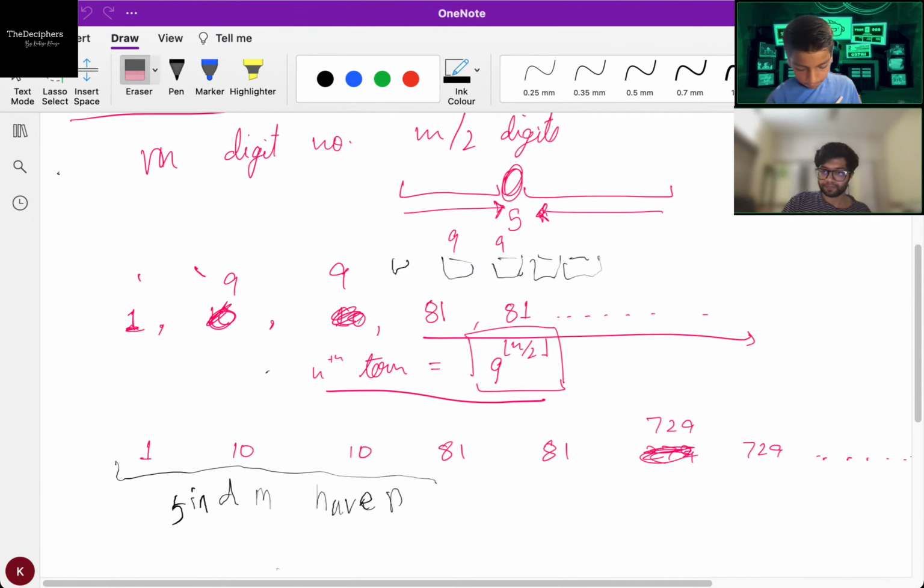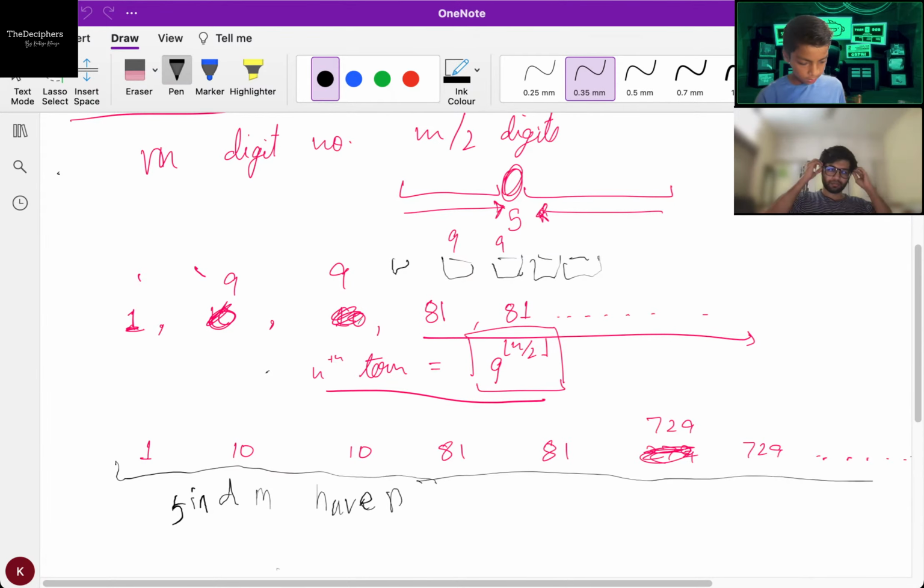So I guess this works for all n. We want to find m and we have n. So we just find the sum of these terms up to when it reaches n.